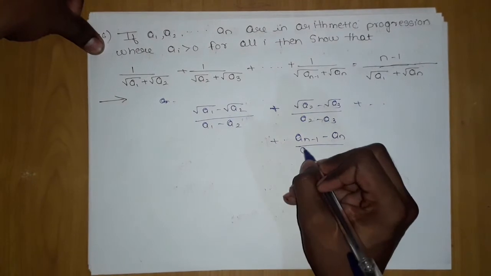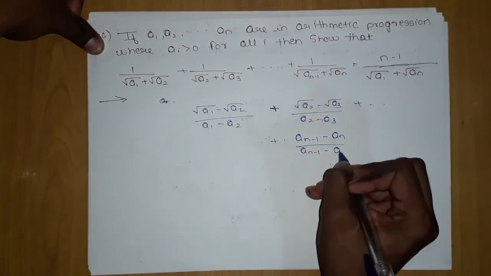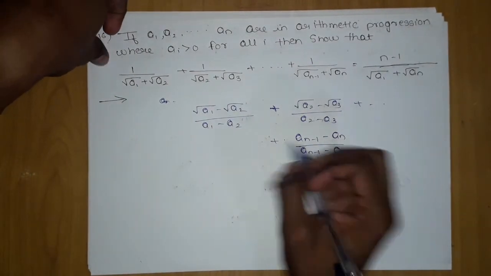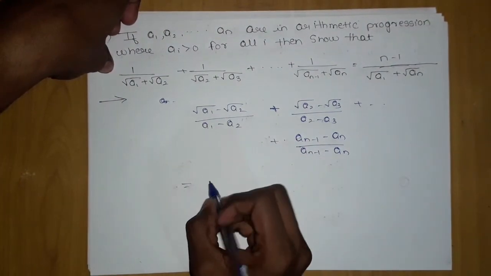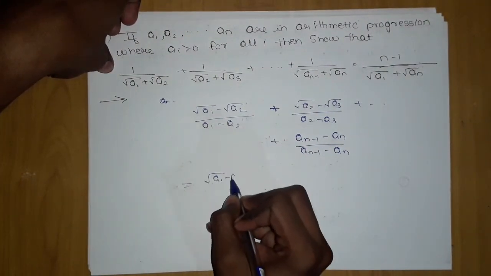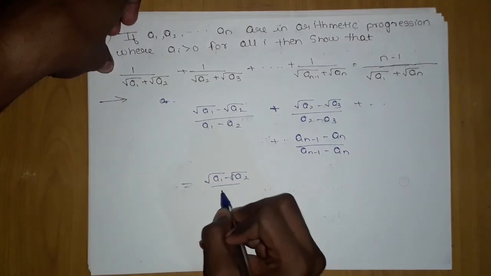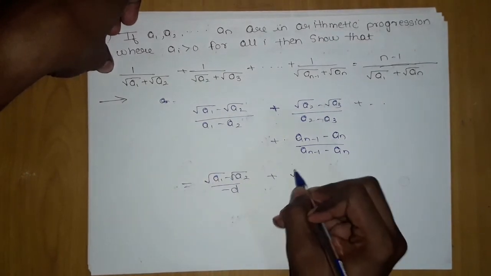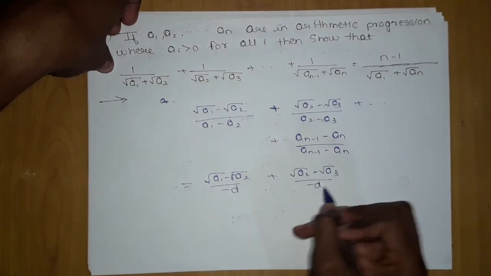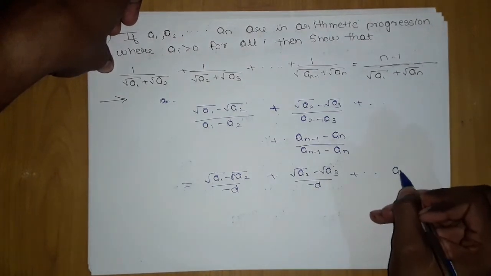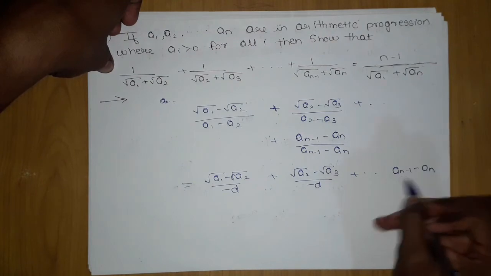Now a1 minus a2 is minus d, so I can write under root a1 minus under root a2 upon minus d. Similarly under root a2 minus under root a3 upon minus d, and so on, till under root an minus 1 minus under root an upon minus d.